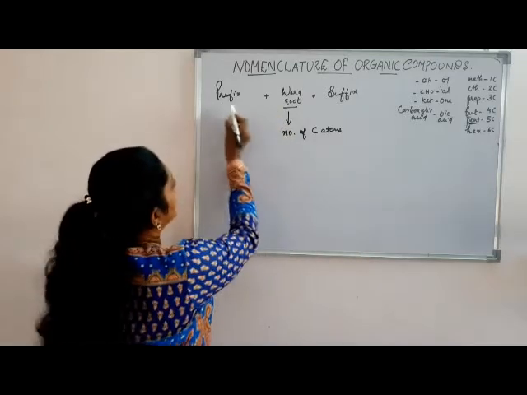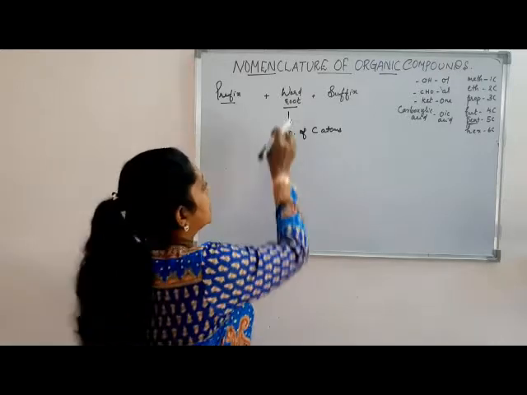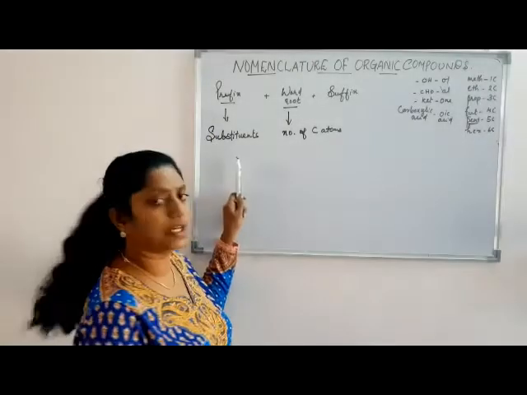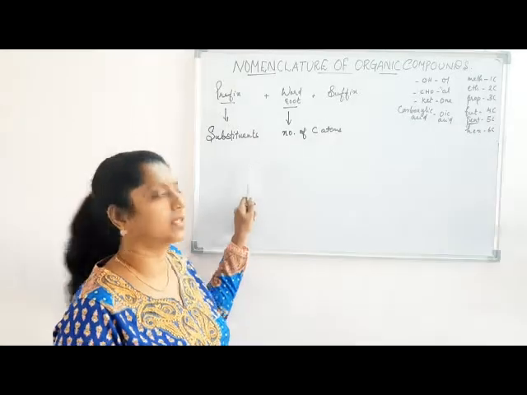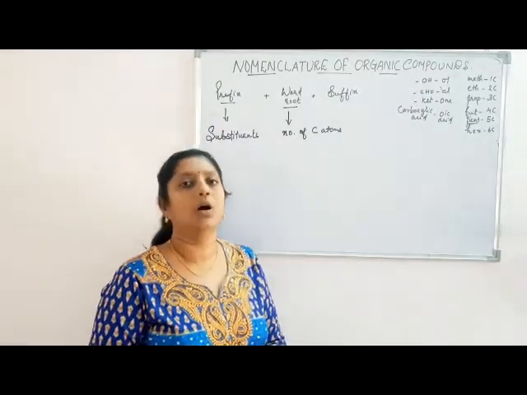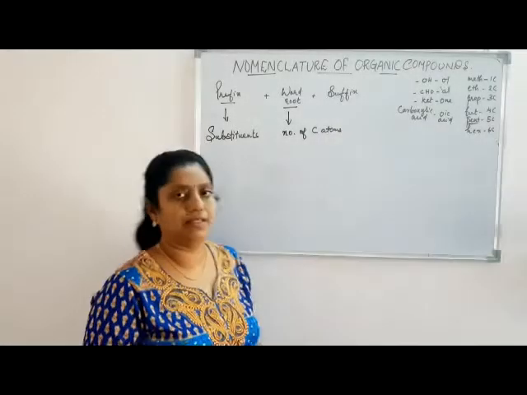Then there is a prefix. Prefix means the words we use before the word root. Prefix includes the substituents present in the compound, while the multiple bonds, that is double bond or triple bond, and the functional groups are included in the suffix.